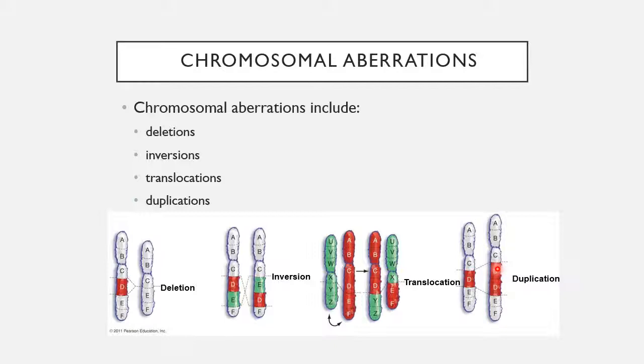Now, where this change occurs, on what section of the DNA and how much DNA it occurs to, will depend on whether the cell will be able to just continue as normal, or whether that particular cell will just die.